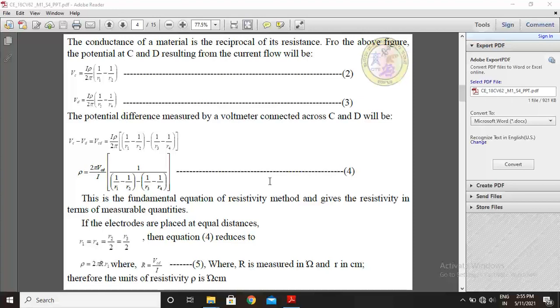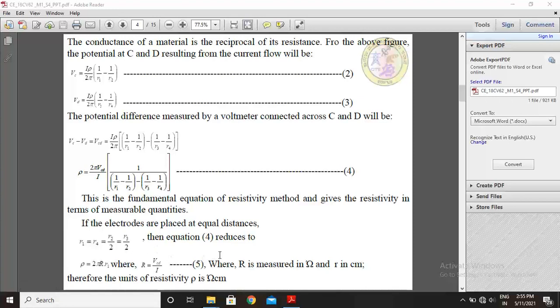If the electrodes are placed at equal distances, then the equation is given R1 equal to R4 is equal to R2 by 2 is equal to R3 by 2.